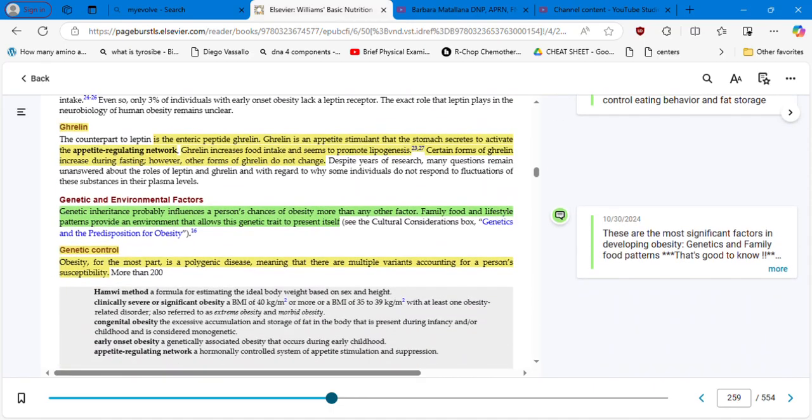Now, the other hormone is called ghrelin. It's an enteric peptide, ghrelin. Enteric means it's in the gastrointestinal tract, right? Ghrelin is a peptide stimulant that the stomach secretes to activate the appetite regulating network.